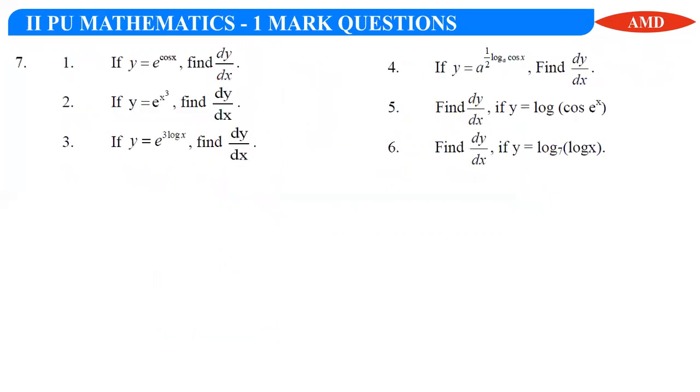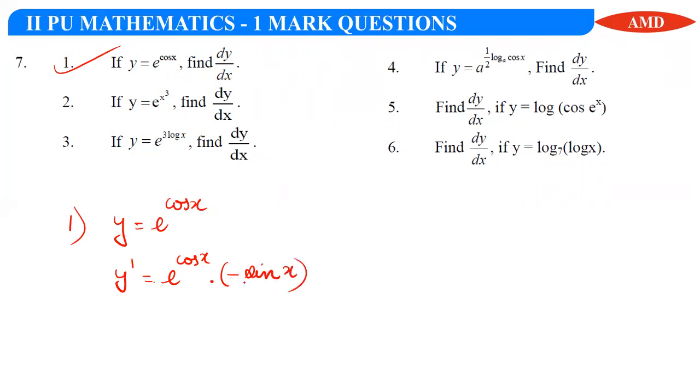The seventh question. This time we'll have 2 questions from differentiation. Most probably both questions use the chain rule itself. Let me try the first question here. The given function y is equal to e to the power cos x, and the derivative y dash is given by e power cos x into the derivative of cos x, which is minus sin x.